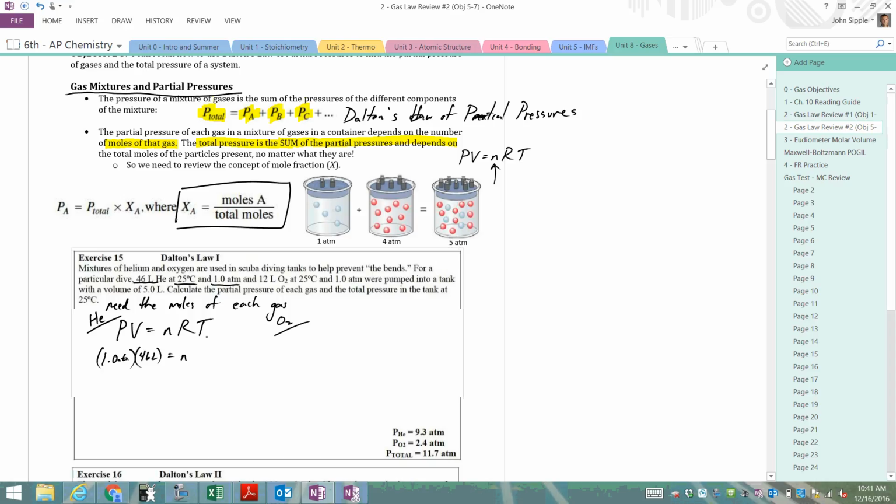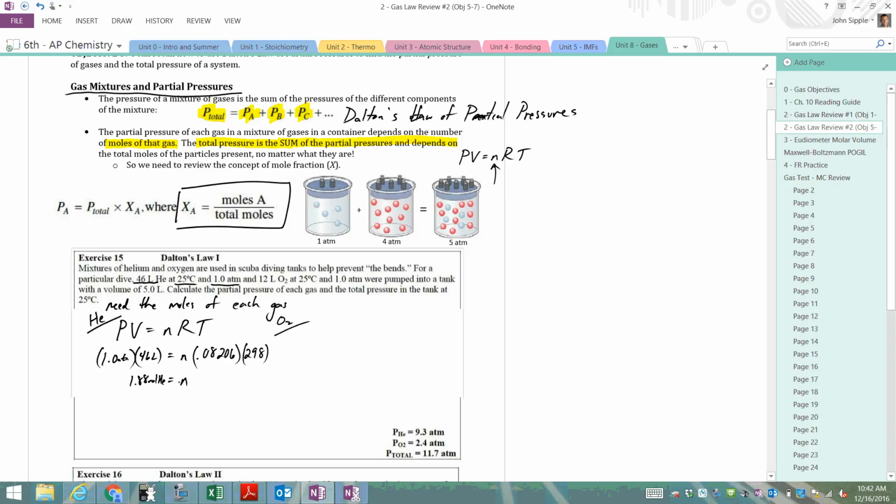Remember, the R value when we're looking at atmospheres is 0.08206. That's on the back of our periodic table. The temperature we always deal in Kelvin, so we add 273, that's 298. When we work that out, n is equal to 1.88 moles of helium.